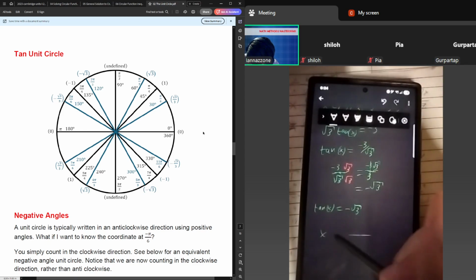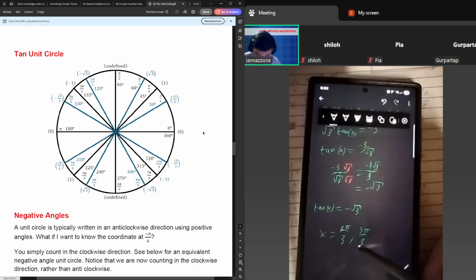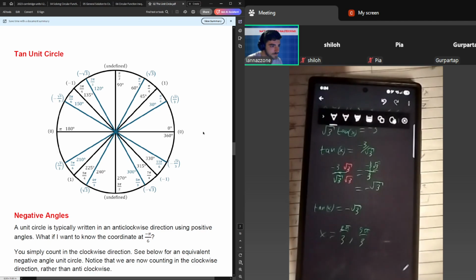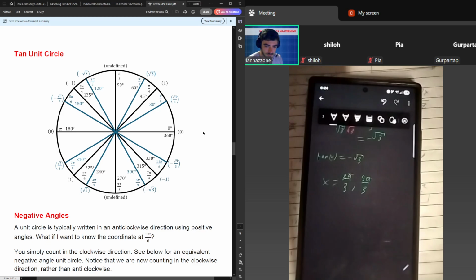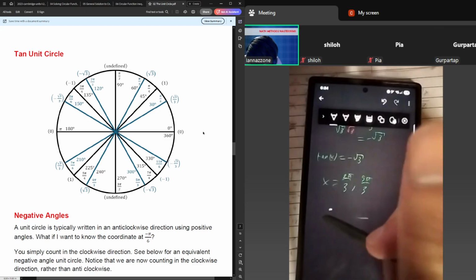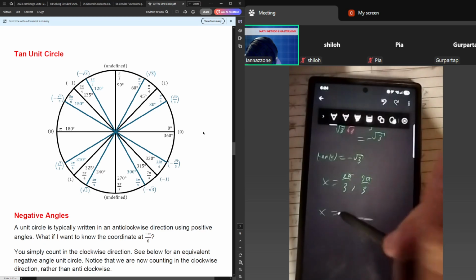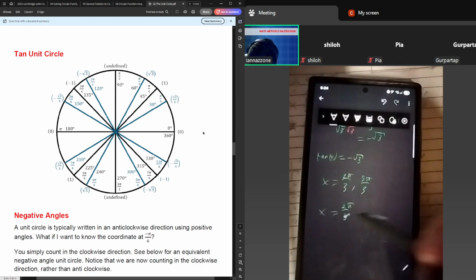That's it. Yeah. 2 pi on 3, 5 pi on 3. Awesome. Almost done. What do we have to do that's a little bit different for general solution? Plus 2 pi n. Yeah. So on each of these individually, I'm going to do 2 pi on 3 plus 2 pi n, and comma 5 pi on 3 plus 2 pi n.